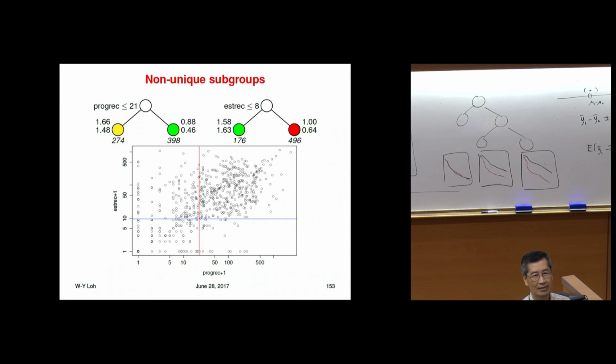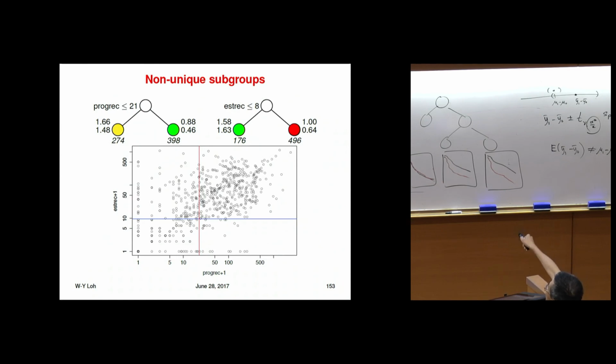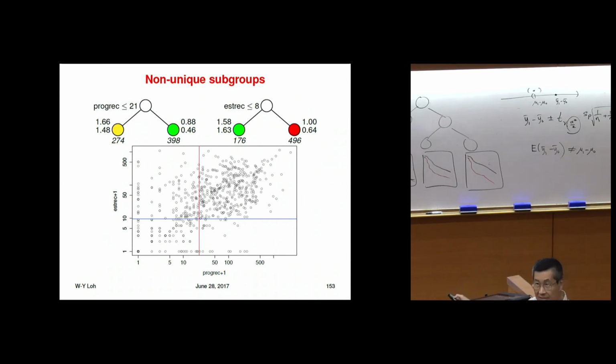Right? If you're a drug company, you want to sell the drug to as many people as possible, you take a union. And then you do a clinical trial with everybody whose progesterone receptor status is bigger than 21 or whose estrogen receptor status is bigger than 8.